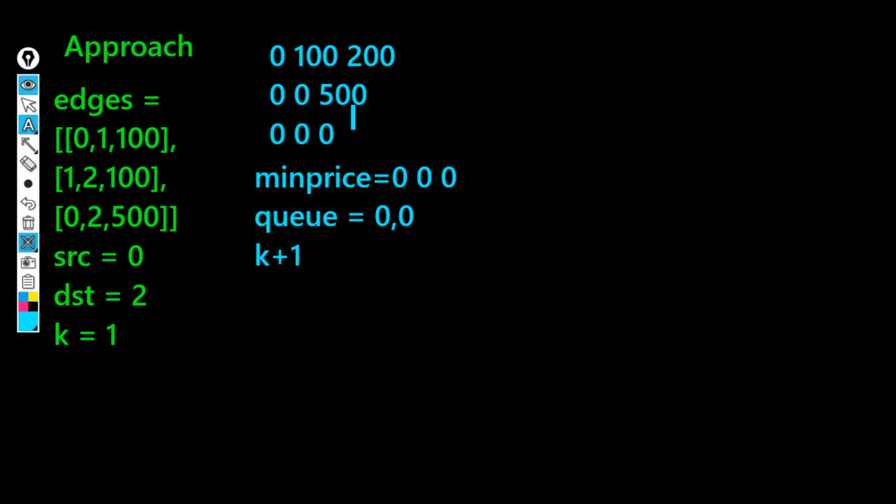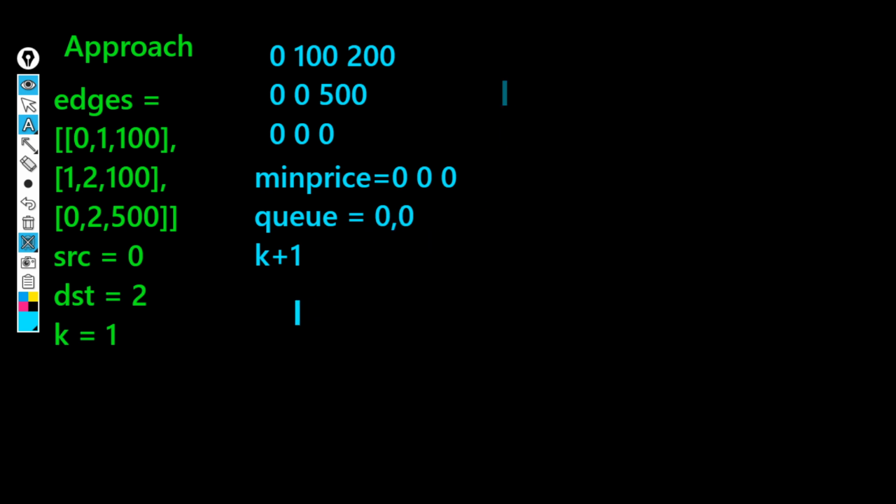First I will initialize all these values. After that I will minimize all the values in this minimum price array. Suppose the starting index is from 0 to 0. First of all I will use this queue.